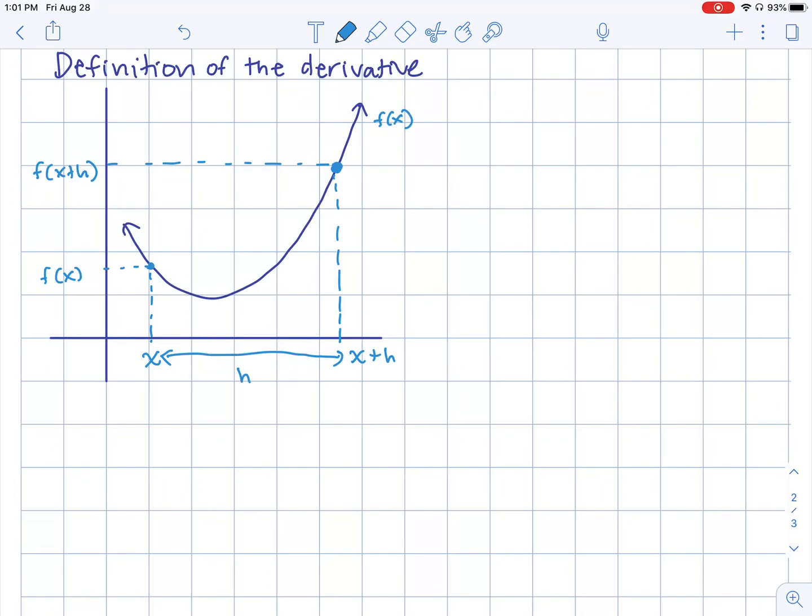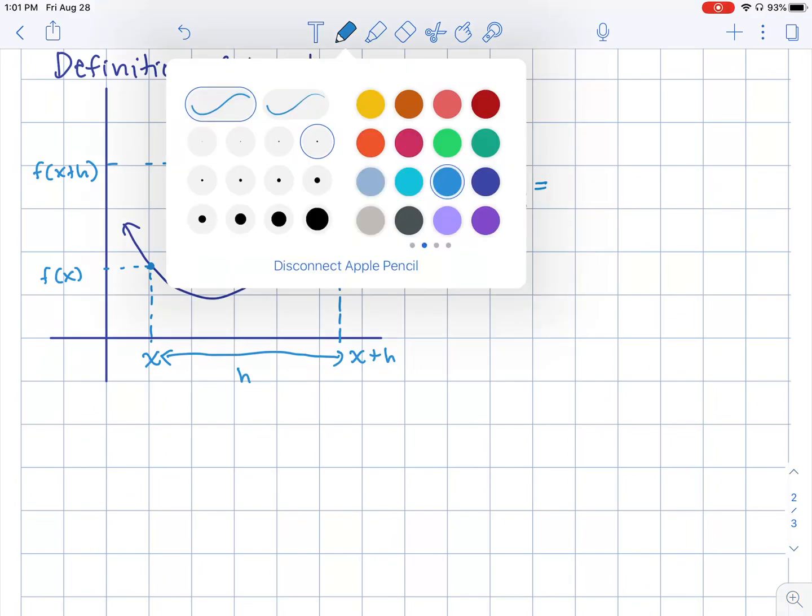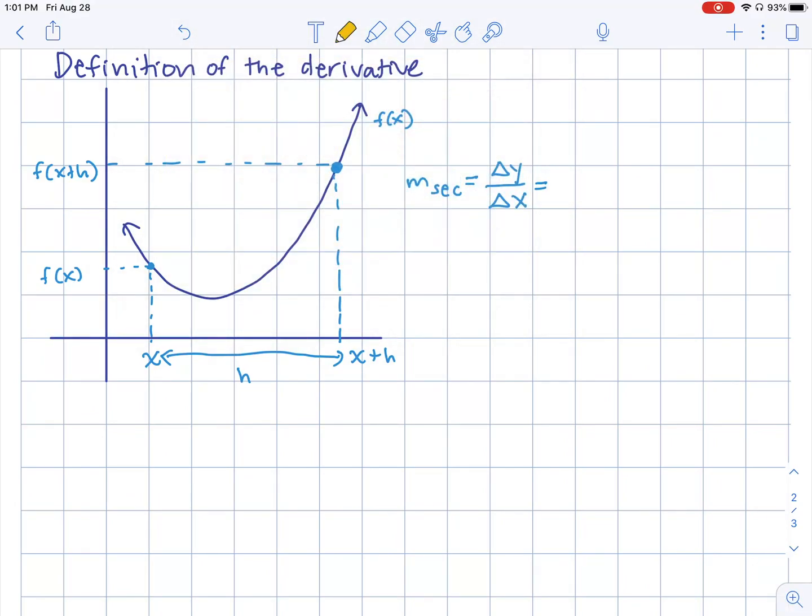So from here, let's start with what we did in the previous video and example. We're going to find the slope of the secant line. So m for slope, secant line, is equal to, and slope using Algebra 1 is change of y over change of x. To find the line, which I will draw in yellow, connecting this point and this point, we would use the change of y being the y coordinates that you see here, f of x plus h and f of x.